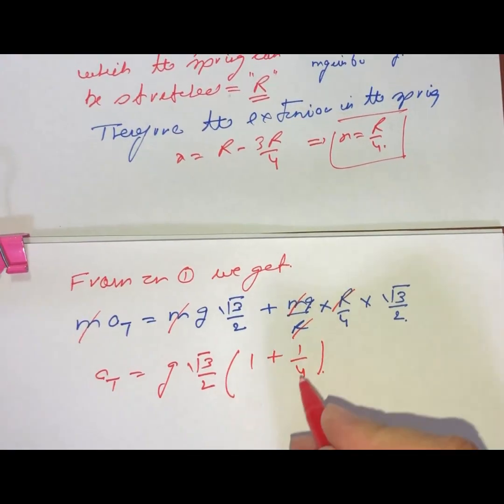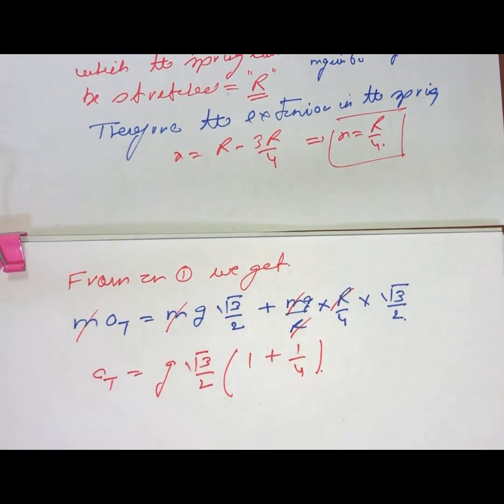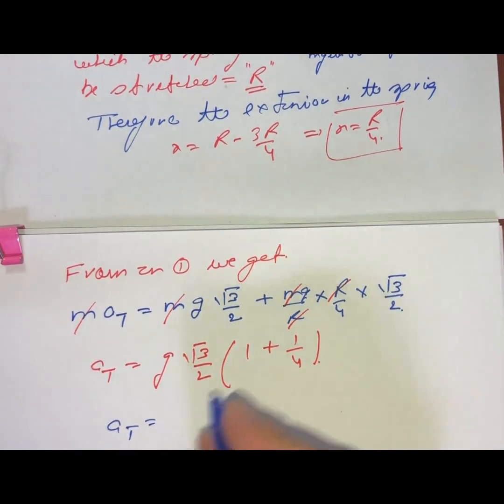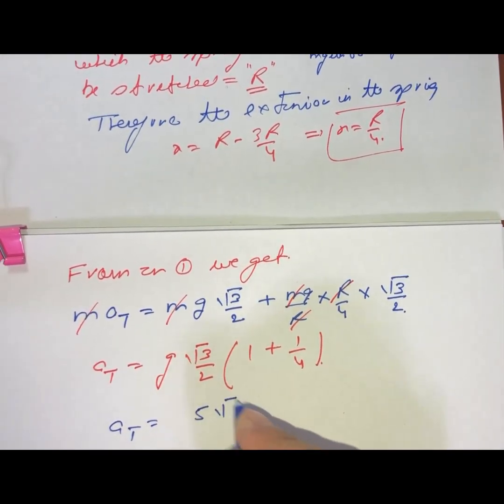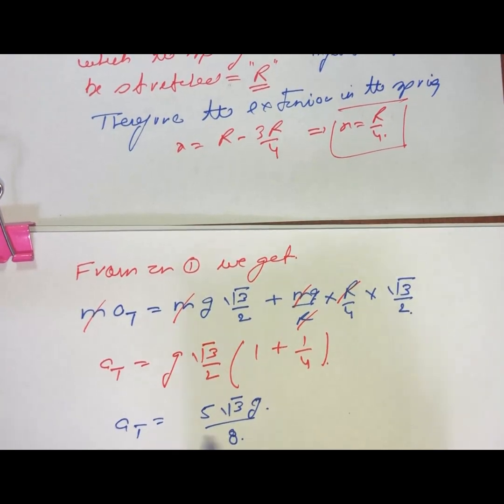So we get 5 by 4 and 3 by 2 gives 5 by 8, so we can say that our tangential acceleration a T will be equal to 5 root 3 g divided by 8.